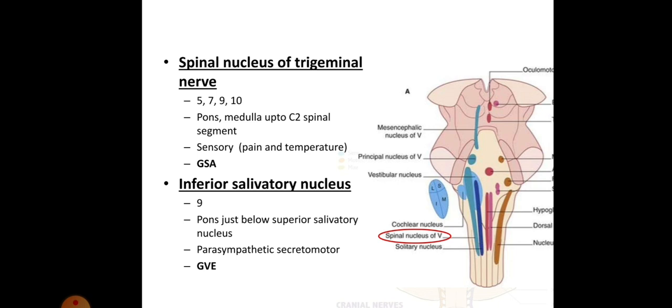That is why it is called the spinal nucleus of the trigeminal nerve. It is purely sensory, especially it receives pain and temperature sensation. So this nucleus has the functional component of general somatic afferent. So for the ninth nerve, it receives pain and temperature sensation from the pharynx and ear.